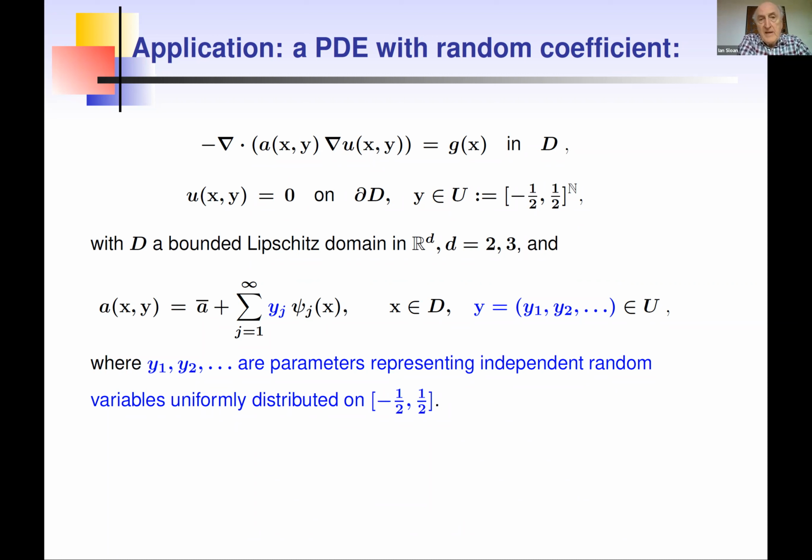So a(x,y), with this sum over these random variables y_j, is a field in the physical space, the x variable, but an uncertain field. It's a random field, in the hydrology setting representing random permeability, for instance, for underground oil flow.